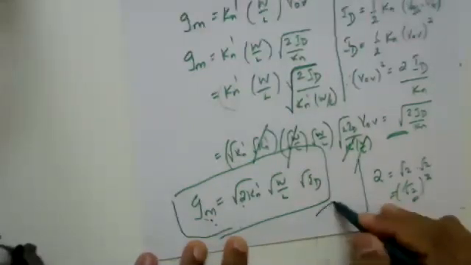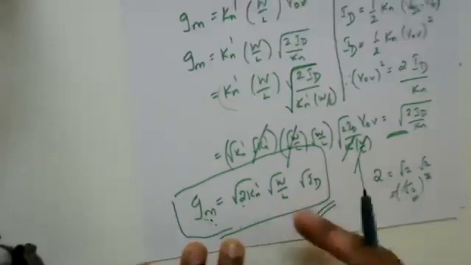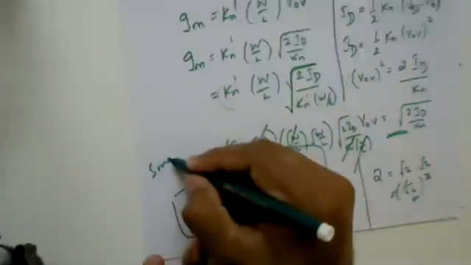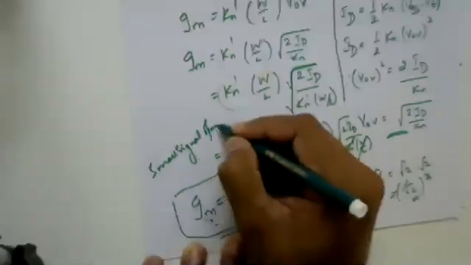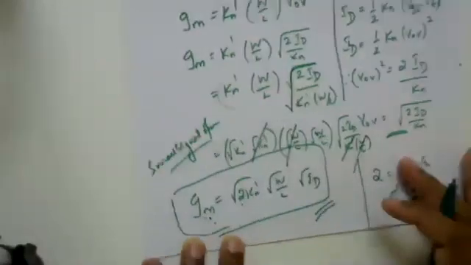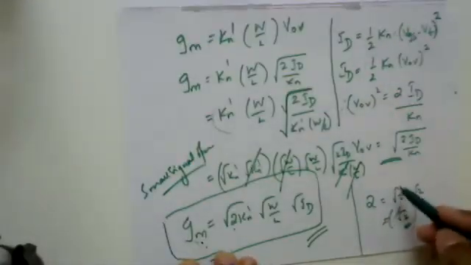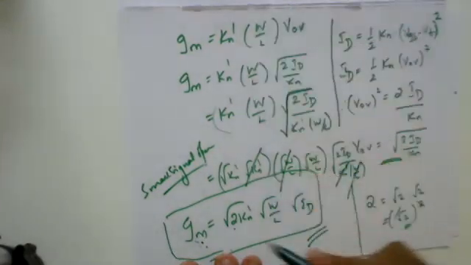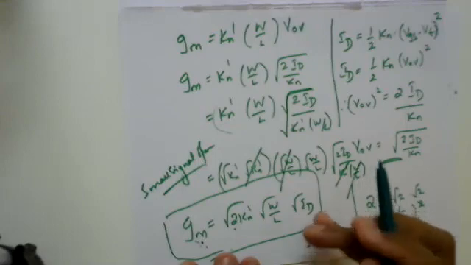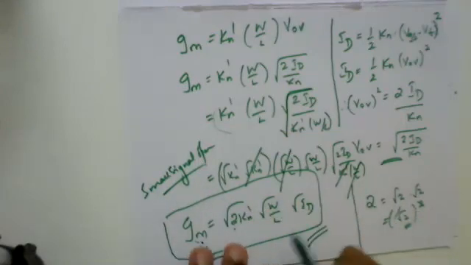So this is how you get the expression for your transconductance for a small signal operation. Is it clear to you? You should know this equation and the fundamentals of mathematics just to derive an equation for the transconductance when you are operating your MOSFET for a small signal. Is it clear to you?